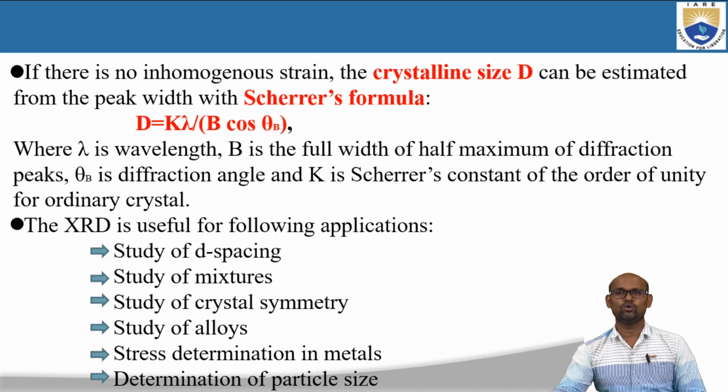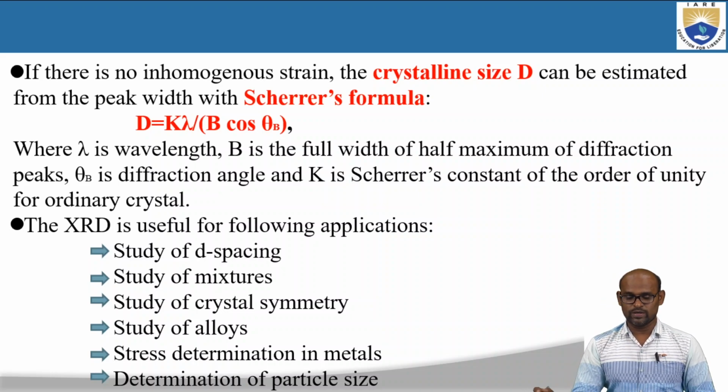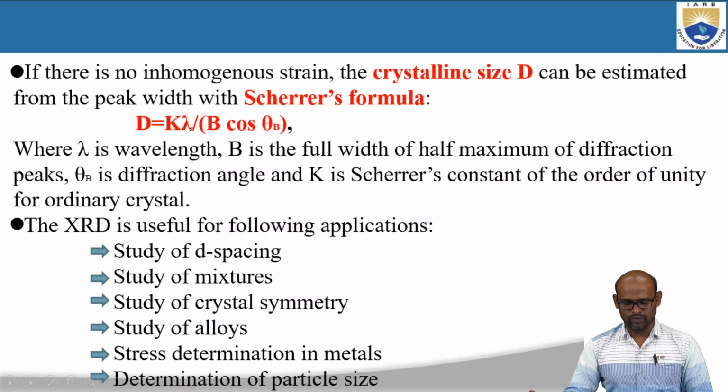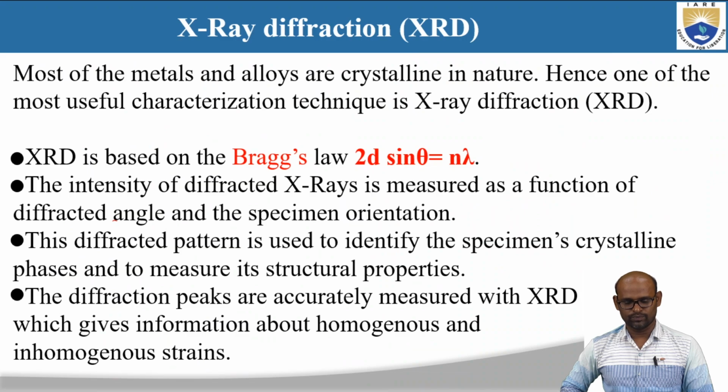If there are no inhomogeneous strains present in the material, the crystallite size can also be estimated with Scherrer's formula: D is equal to K lambda by B cos theta B, where B is the full width at half maximum, theta B is the angle of diffraction, K is Scherrer's constant, and lambda is the wavelength. So using this X-ray diffraction, we can look at the crystallite size as well as the particle size and composition.